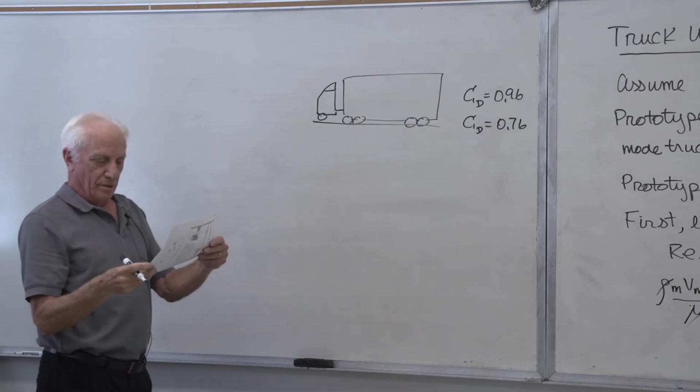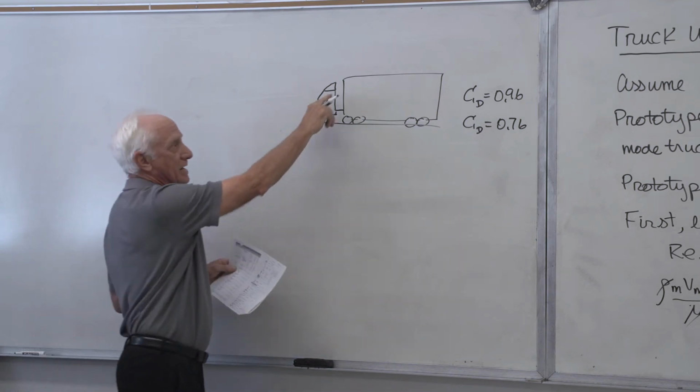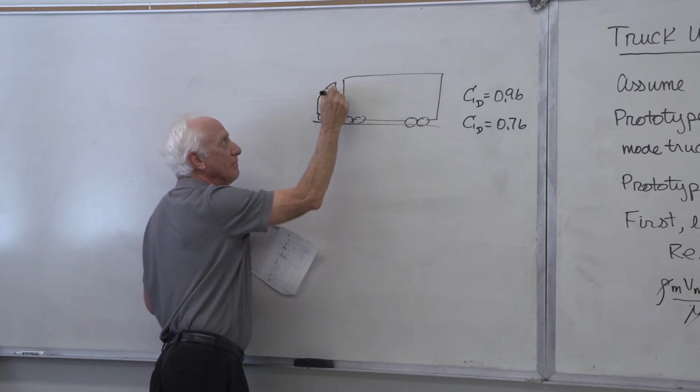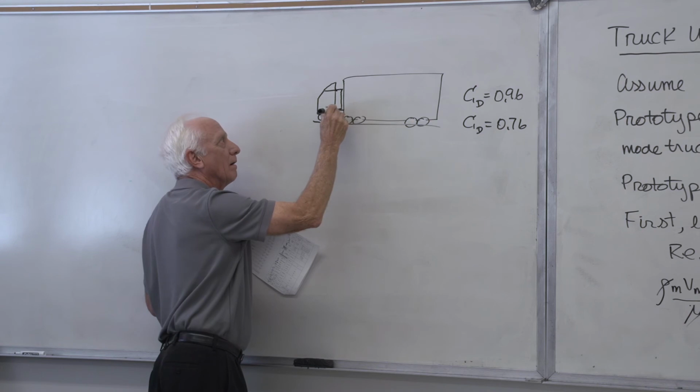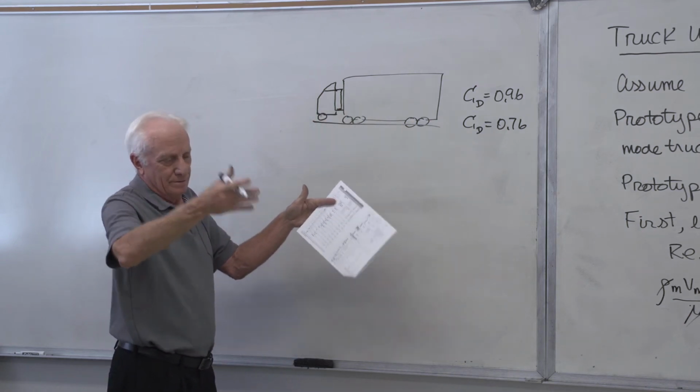Now you put a fairing and a gap seal. This is called a fairing up here. A fairing and a gap seal. So they extend the cab with a piece of metal here. On each side of the cab, there's a piece of metal. Look on the highway, you'll see them.